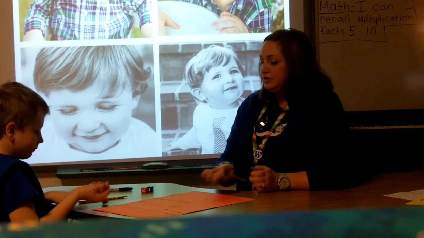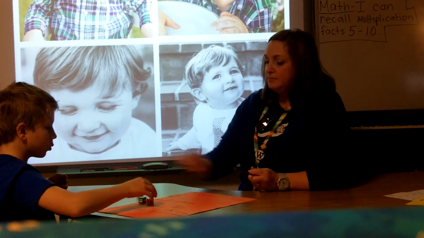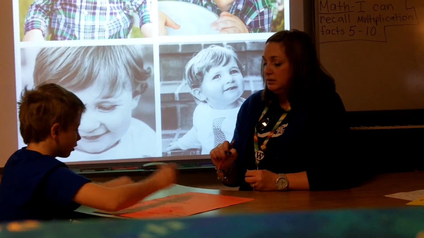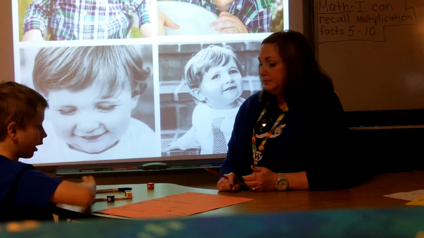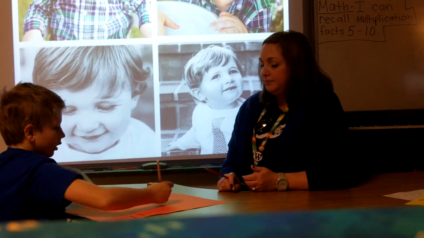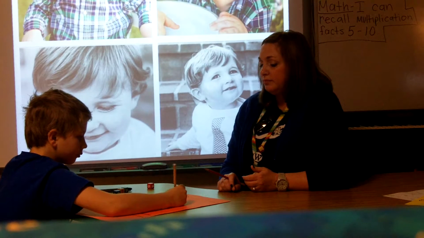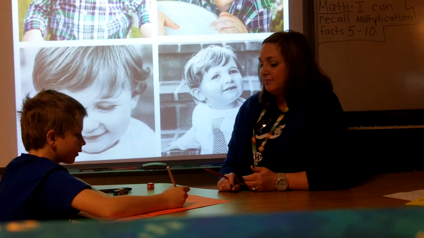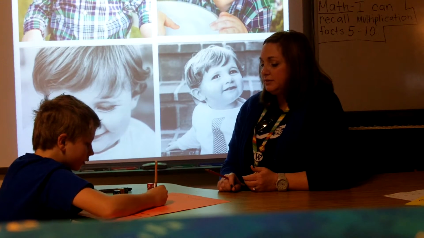So now we're going to do a 2 digit. 21 times a 1 digit. 1 times 5. That one is 5. 10. 105. Okay, write your answer.